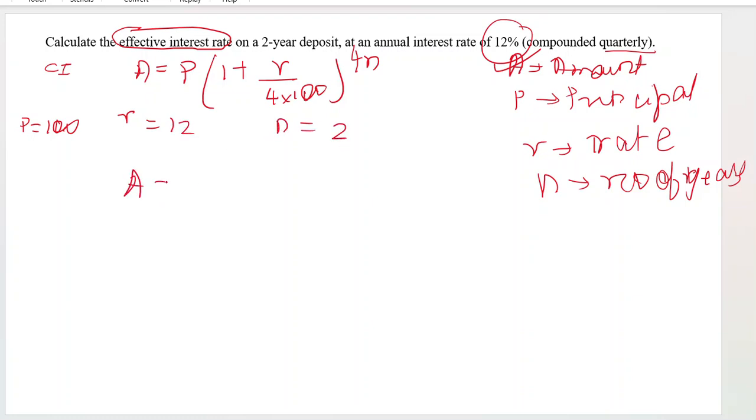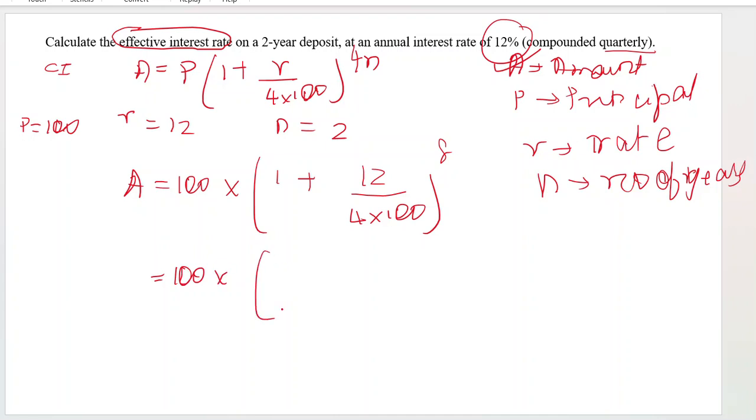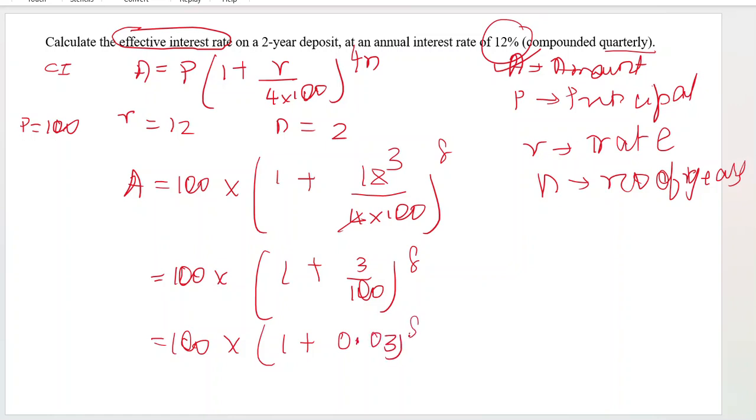So therefore A will be 100 multiplied by 1 plus 12 upon 4 into 100, raised to 4 times 2, which is 8. So 100 into 1 plus 12 by 400, which is 0.03, raised to 8.